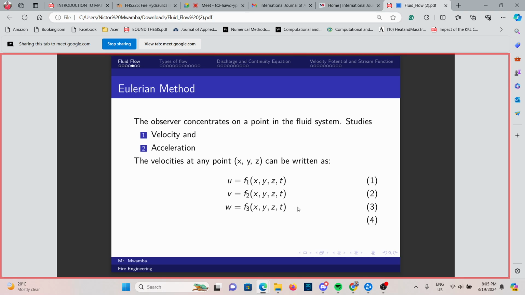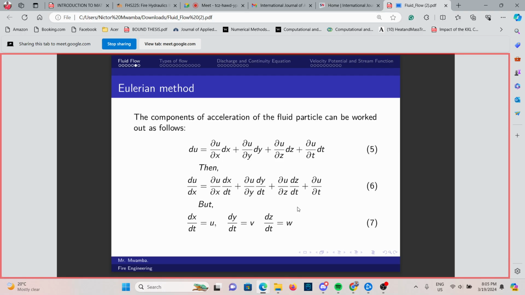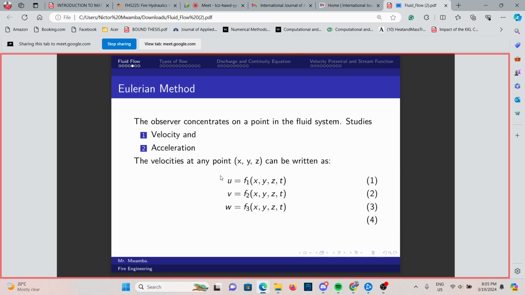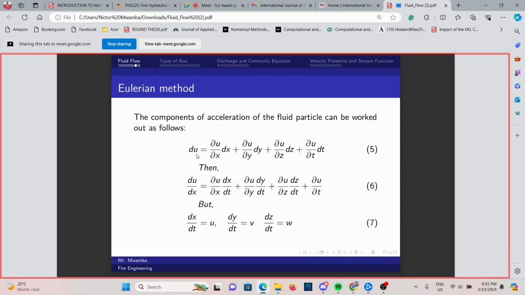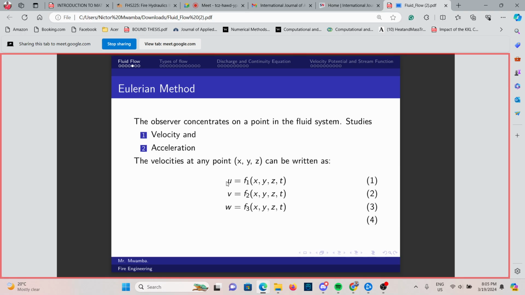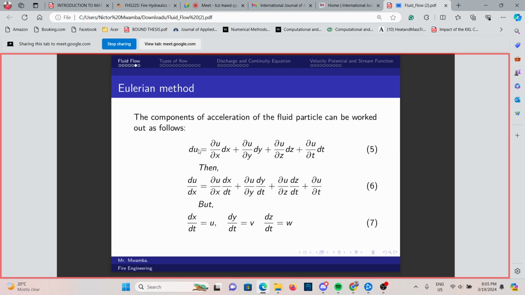To find the acceleration components, you differentiate each velocity component with respect to the variables. The variables here are x, y, z, and time, all changing. So differentiating u, you're going to have du.